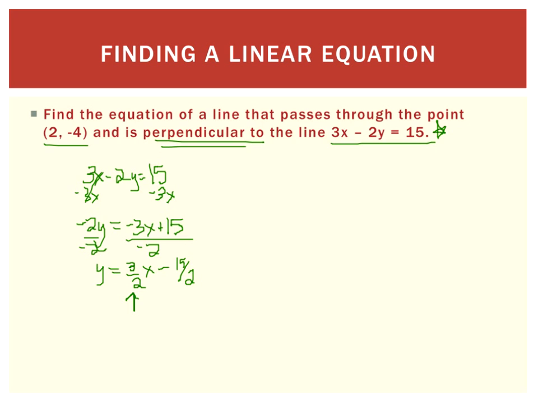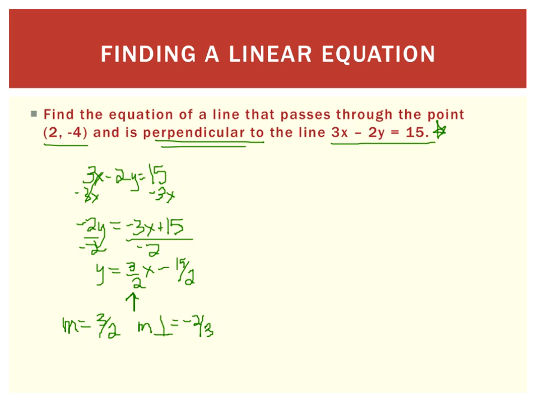But now I want to find a line perpendicular to it. So if the slope is originally 3/2, and we use this kind of upside down T to mean perpendicular, what is the slope of the perpendicular line? Good, -2/3.